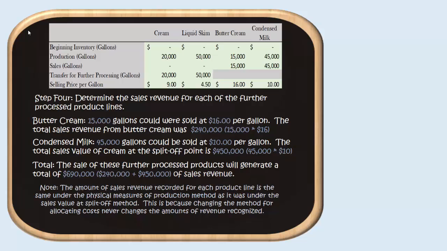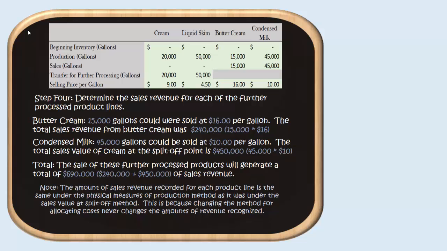Now, to prepare our product line income statement, we need to figure out what our revenue were for the products that we actually sold. And we only sold buttercream and condensed milk. We didn't sell any of the base level products. We transferred them off to be further processed. Buttercream, we sold 15,000 gallons at $16 a pop. That's $240,000. Condensed milk, we sold 45,000 gallons at $10 per gallon.